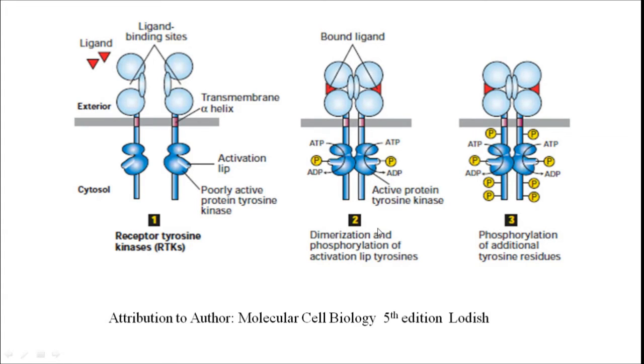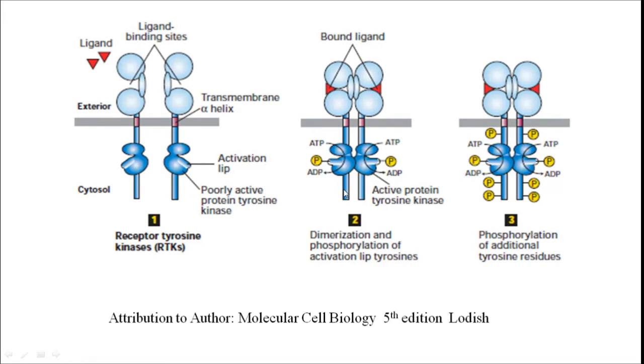Now, once this protein tyrosine kinase gets phosphorylated, the next step is to carry out the phosphorylation of additional tyrosine residues which are present on this receptor. In addition to the phosphorylation of the activation loop, it also carries out the activation of another protein tyrosine residue which are present on this receptor tyrosine kinase.